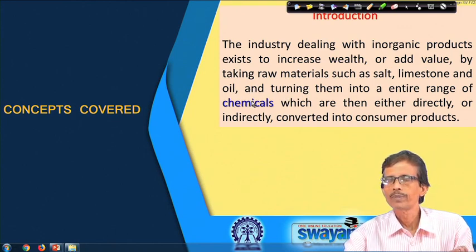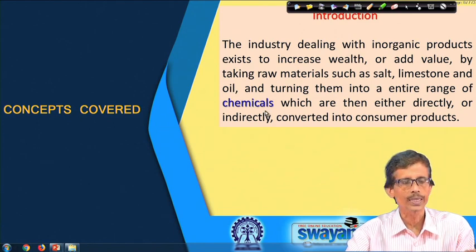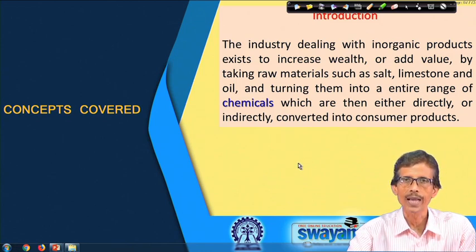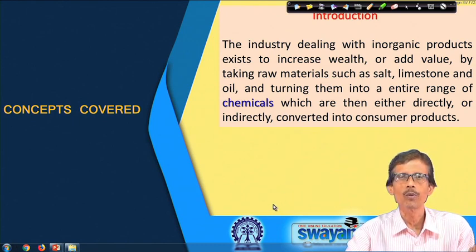So, the entire range of chemicals, whether an organic chemical or a polymeric chemical, can be converted by some chemical reaction to some other product, which we consider more sophisticated compared to the bulk or raw materials.